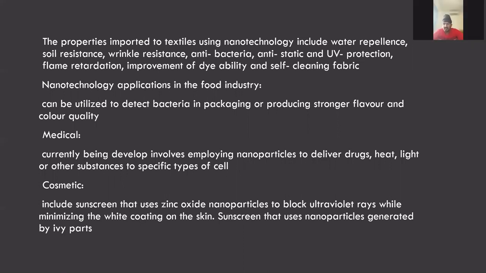The properties imparted to textiles using nanotechnology include water repellent, soil resistant, wrinkle resistant, antibacterial, anti-static, and UV protection, flame reduction, improvement of dye ability, and self-cleaning fabrics.